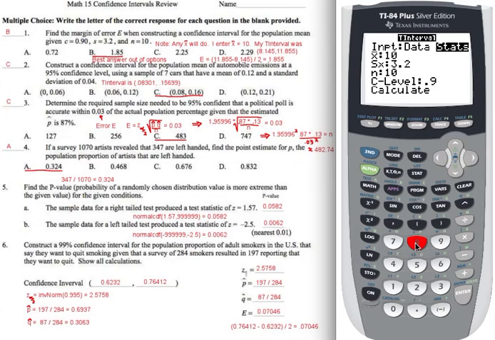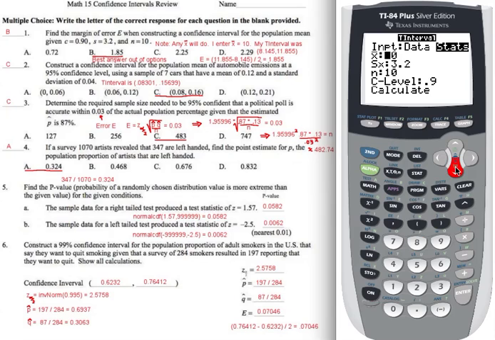I'll hit the number 8, and it gives me the option of actually using data or using statistics to do this confidence interval.